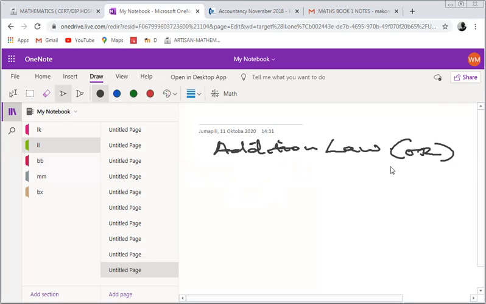Therefore, if one occurs, the other is not going to occur, and that's why we normally use the term OR. The term OR here means it is either this or that, but not both. For example, if we are tossing a coin, it is either the head or the tail that is going to show up, but not both of them.